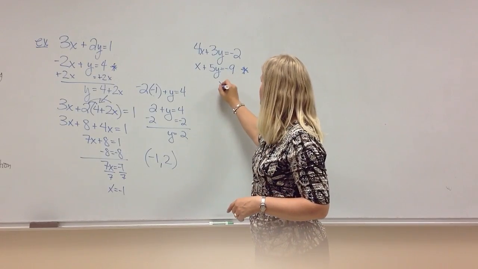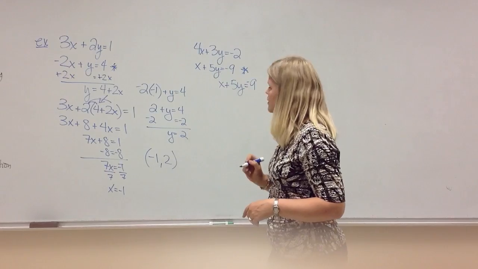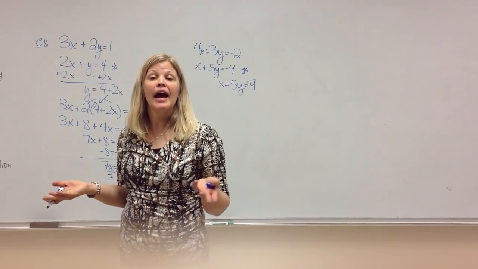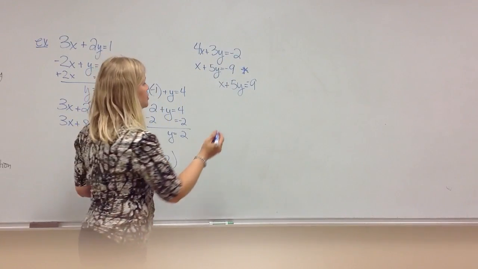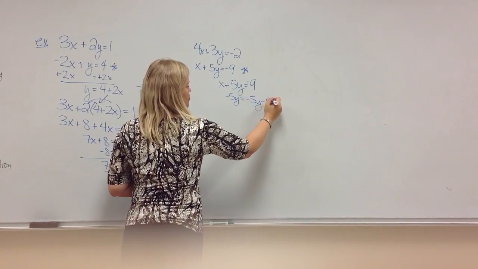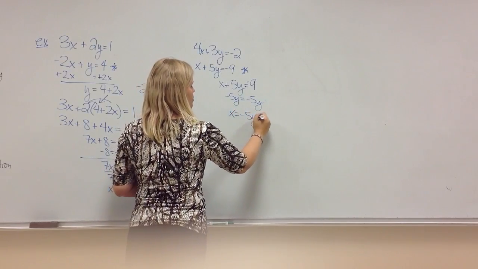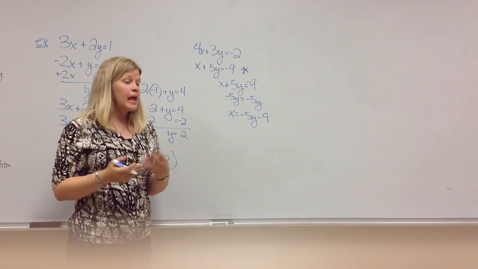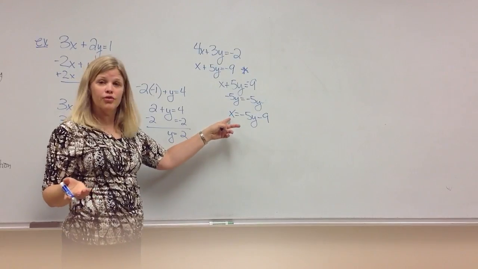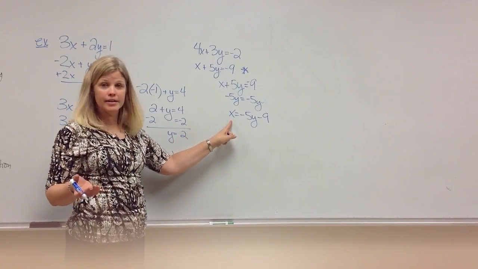So we are going to solve x plus 5y equals negative 9. And we want to get the x all by itself. What do we have to do? Subtract the 5y. And since you guys got pretty good at this last chapter, this time I'm going to just write it like this. It doesn't matter if you solve for x or you solve for y. Just get one variable all by itself.